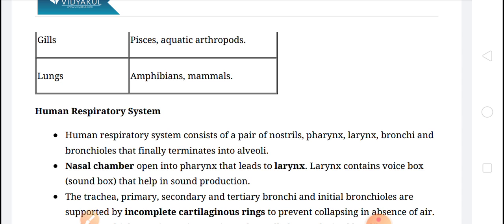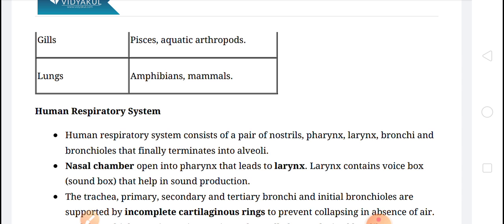Clear, children? Now mammals, they have a well developed respiratory system. So we will discuss in detail about the human respiratory system. Humans have a pair of lungs, but not only lungs.